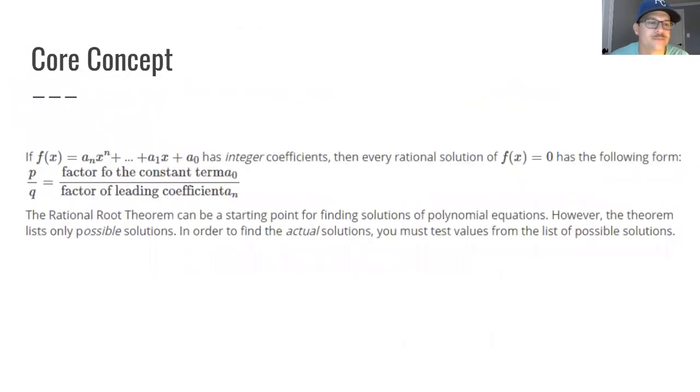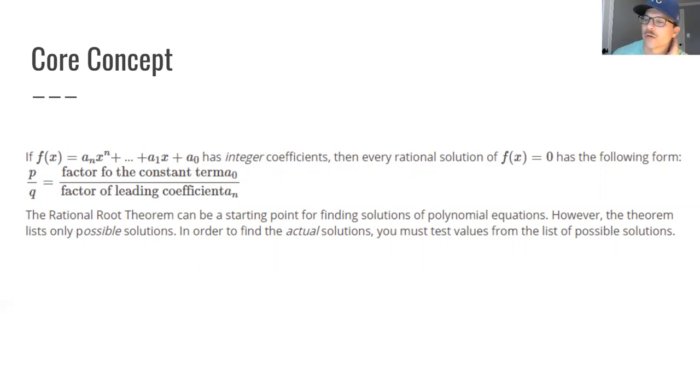So the rational root theorem: you have a polynomial equation with integer coefficients, so whole numbers, whether they're positive or negative. Every rational solution, so it could be a fraction, so long as that function is equal to 0, has the following form: a factor of the constant term divided by a factor of the leading coefficient.